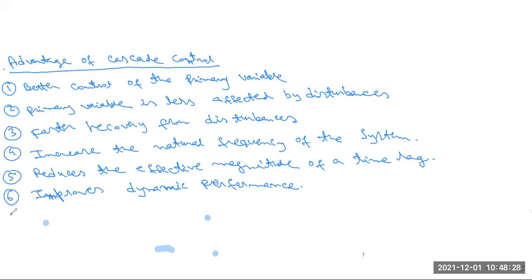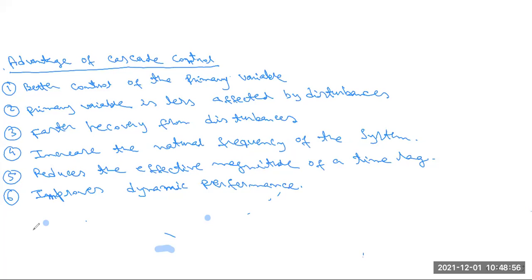And the last one, it provides limits on the secondary variable. So this is a little bit required. So these are basically the advantages of the cascade control system. First of all, better control of the primary variable.